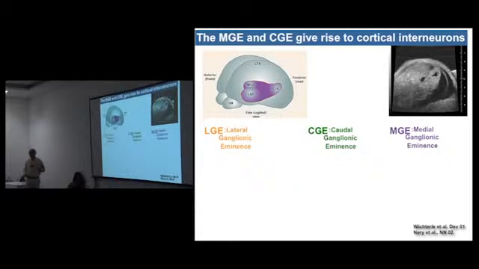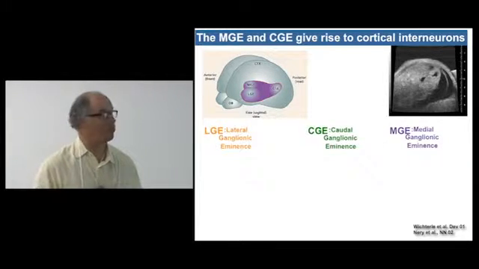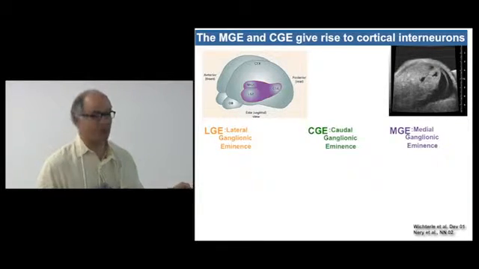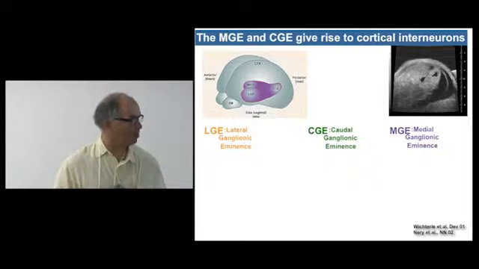If we took an embryonic brain in a human at about a month, or in a mouse at maybe 12 days of gestation, and cracked open the dorsal part of the cortex and peered down into the lateral ventricle, we would see 3 bulges going into the lateral ventricle: the medial, the lateral, and the caudal ganglionic eminence.